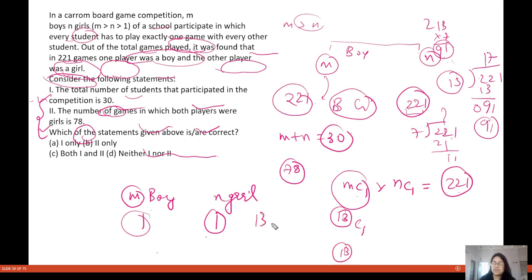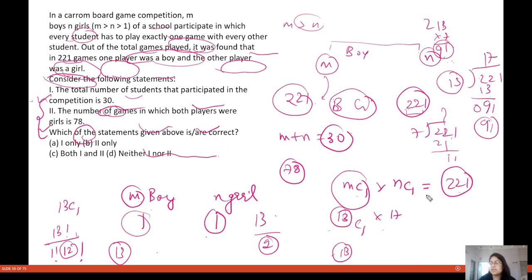You can check by formula also: factorial 13 upon factorial 1 into factorial 12, so that will be 13 only. And let us consider that the number of girls is 17.